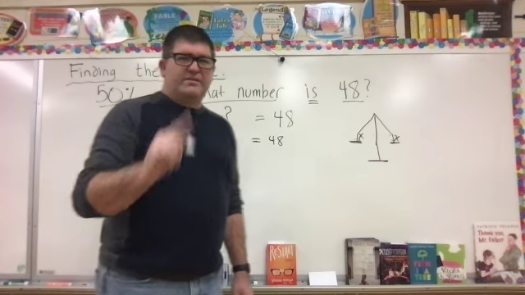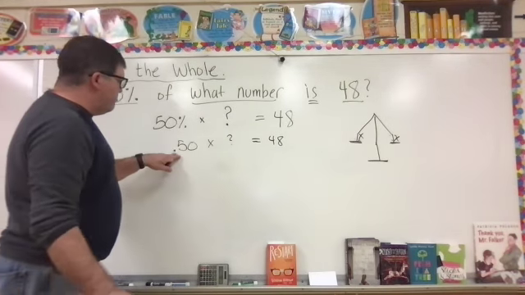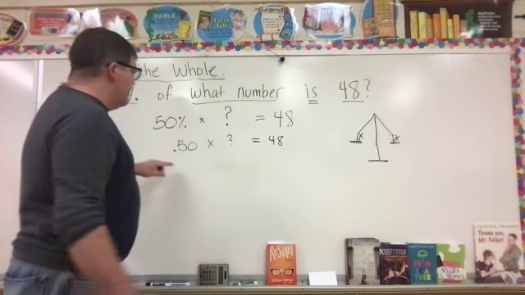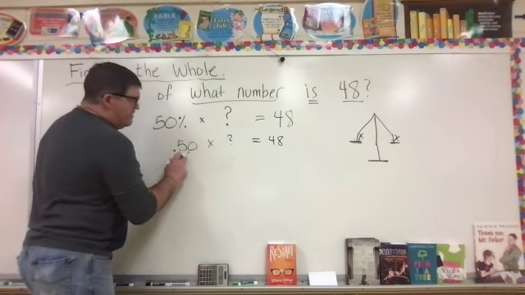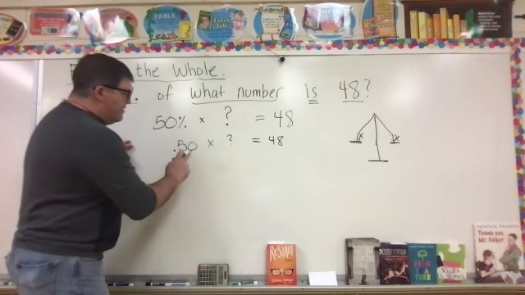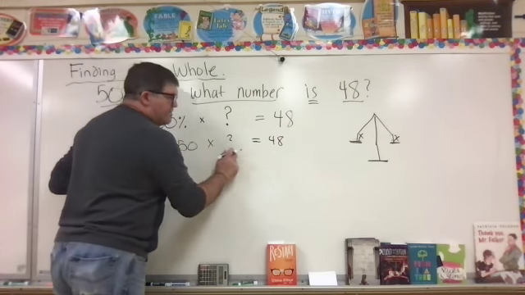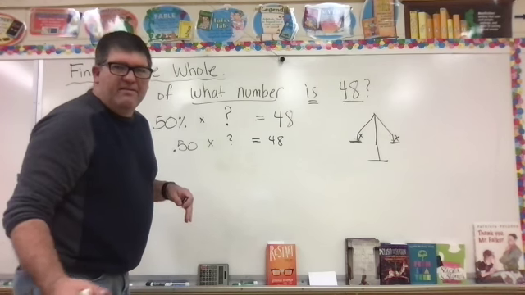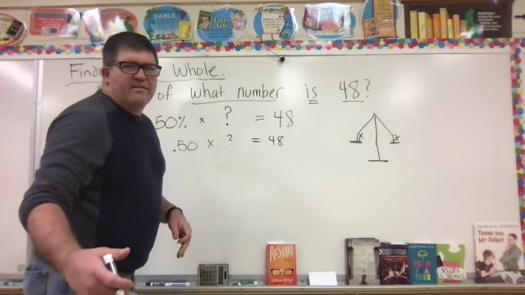So here's the trick. If I have 0.50 times something equals 48, I want to get this down to 1. Because if I had 1 times something equals 48, I could do that in my head. 1 times something is 48.